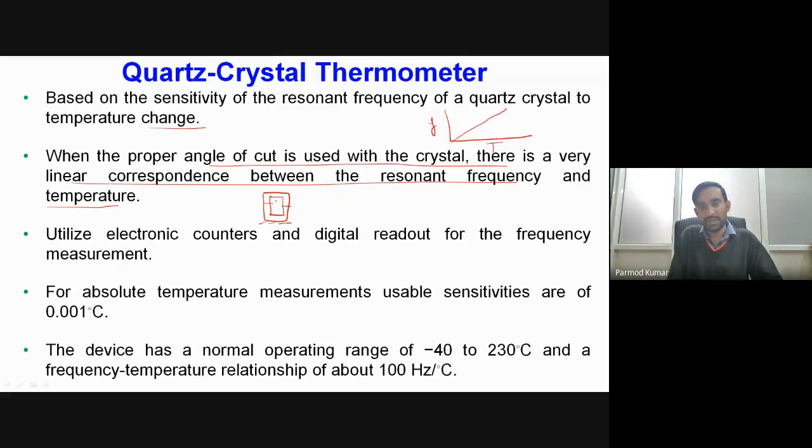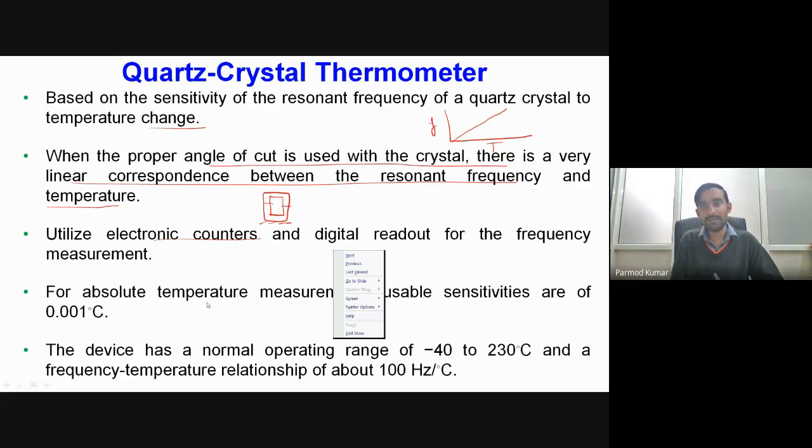Corresponding to that, the resonant frequency of oscillation of this quartz crystal changes. We require an electronic counter which measures the resonant frequency of these oscillations, and then we have a digital readout which reflects the value of the frequency measurement.